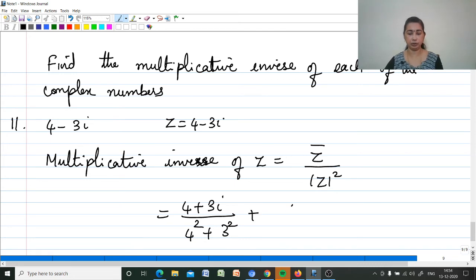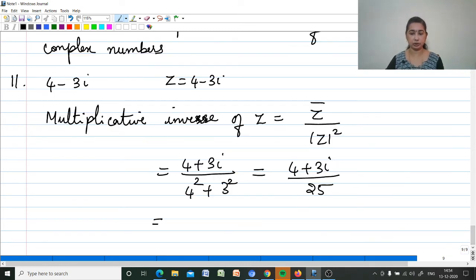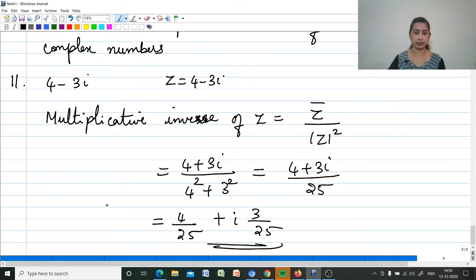It's equal to 4 plus 3i divided by 16 plus 9, which is 25. So, we can write in the complex number form. The answer will be 4 by 25 plus i into 3 by 25. That's the multiplicative inverse of z, so we can write it as z inverse. Now, next one.